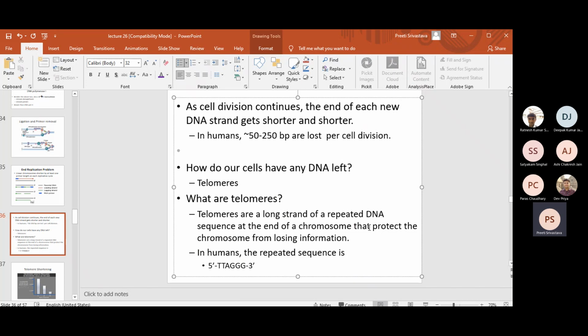Telomeres are actually long strands of repeated DNA sequences at the end of each chromosome. In humans, the repeated sequence present in the telomeric region is TTAGGG, right?